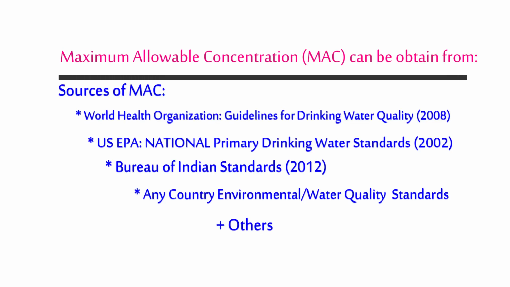The answer is MAC values can be obtained from different international or national agencies which prepare the prescribed limit for different heavy metals in the water samples, such as the World Health Organization standards, the US Environmental Protection Agency standards, the Bureau of Indian Standards, or Indian Council of Medical Research standards, or the respective countries' standard limits, and many others.